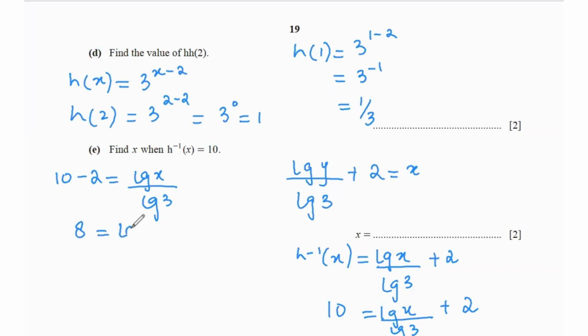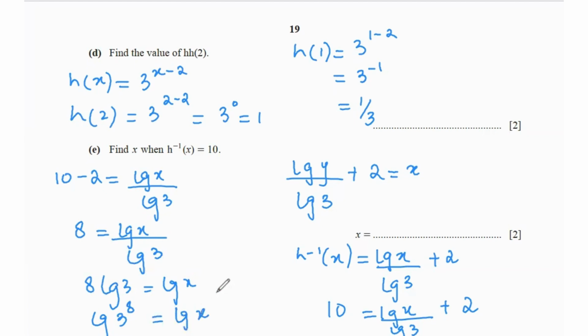Eight equals log x over log of 3. Cross multiply. 8 times log of 3 equals log of x. Bring 8 to the power, log 3 to the power of 8. Cancel out the logs. 3 to the power of 8 equals x, which is 6,561. That is your value of x.